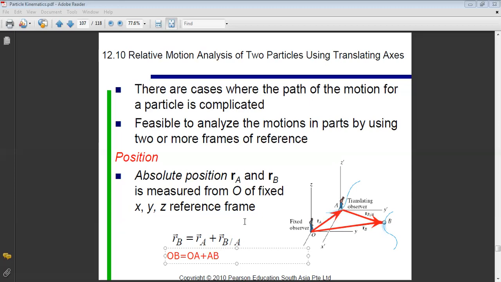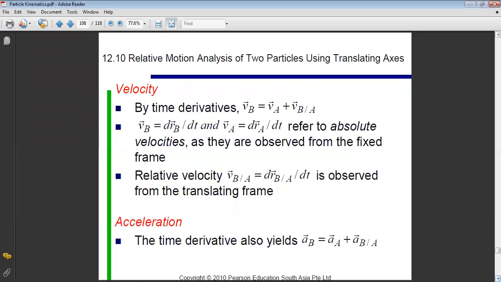From this relation, we can deduce that vector AB, which is RB relative to A, is simply RB minus RA. Now if we derive this relation with respect to time, we get that VB equals VA plus V of B relative to A.